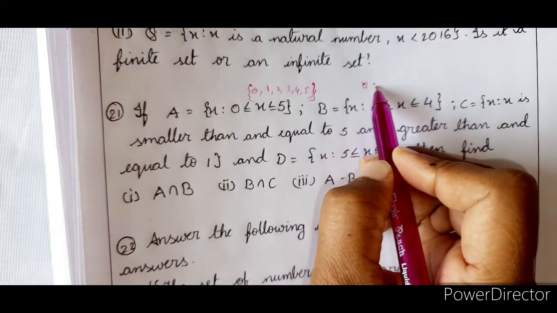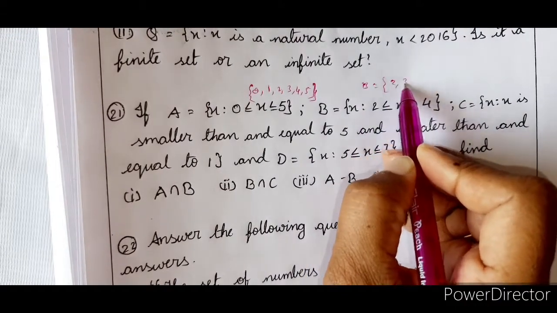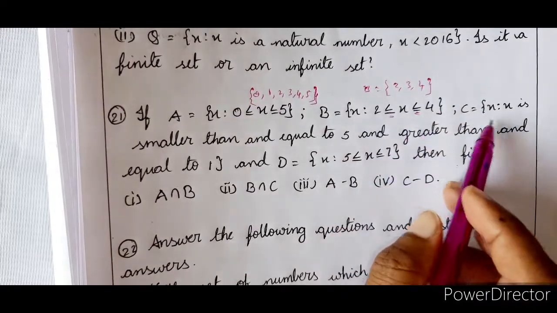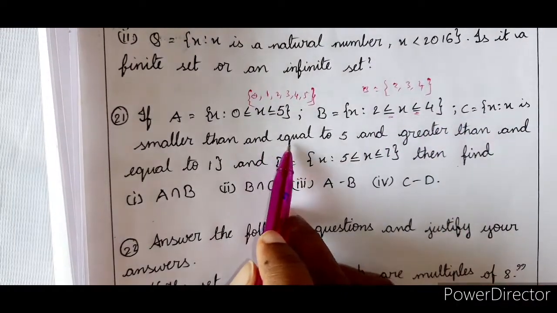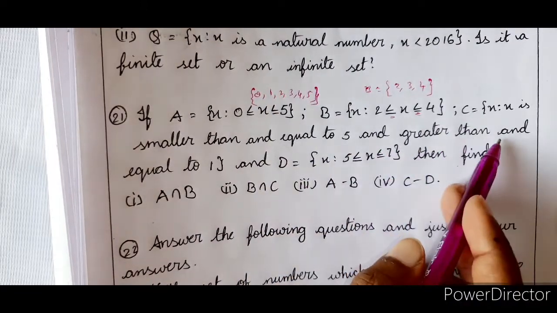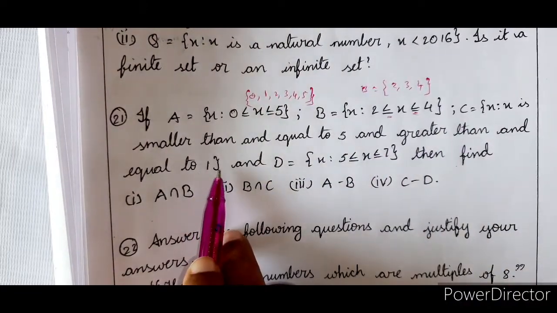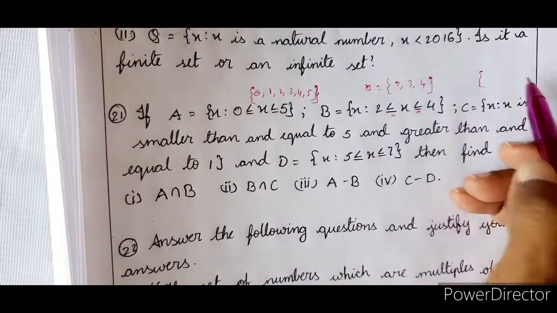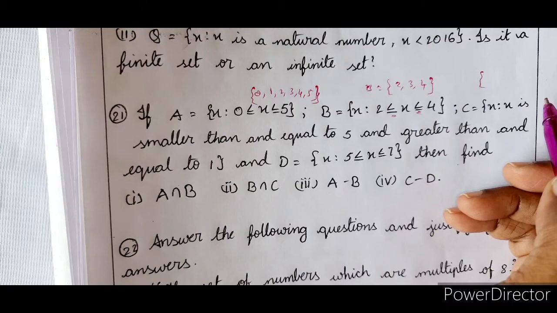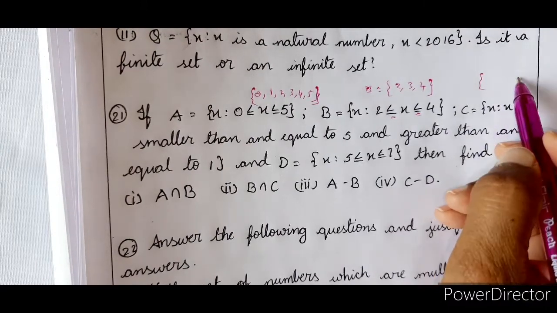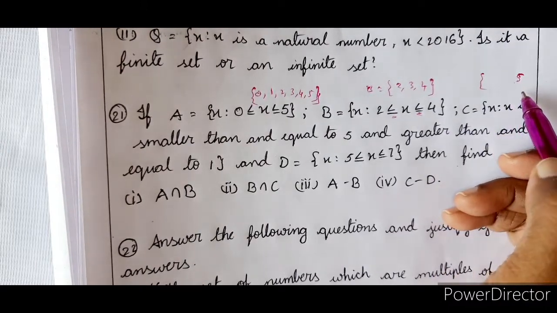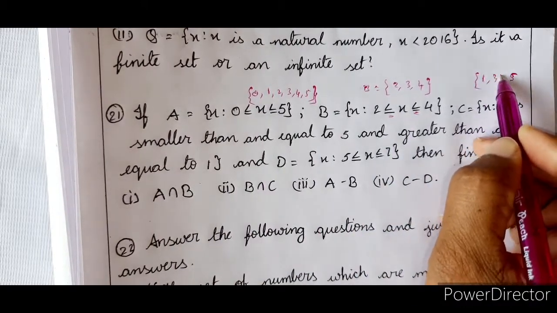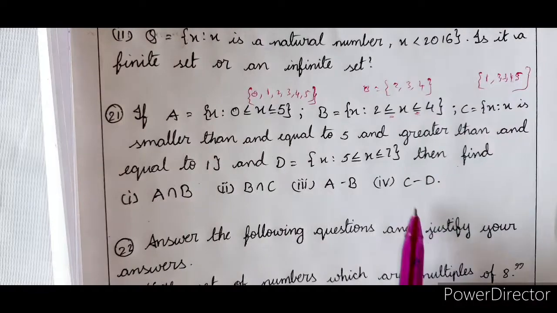B is equal to, therefore, 2, 3, 4, because the less than symbol is here. So x is smaller than or equal to 5 and greater than or equal to 1. So that means it is between 1 and 5. C is equal to: smaller than and equal to 5 means 5 can be there as the higher limit, greater than or equal to 1, 1 is the lower limit. 2, 3, 4.